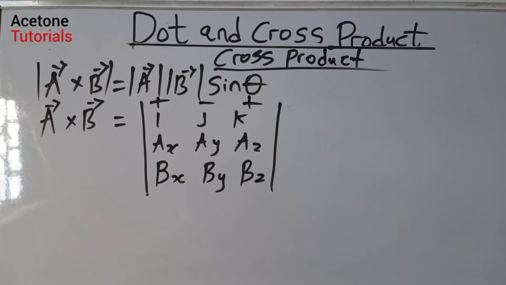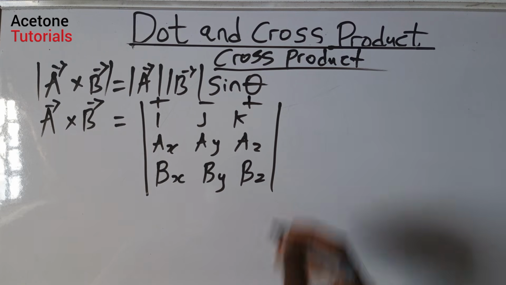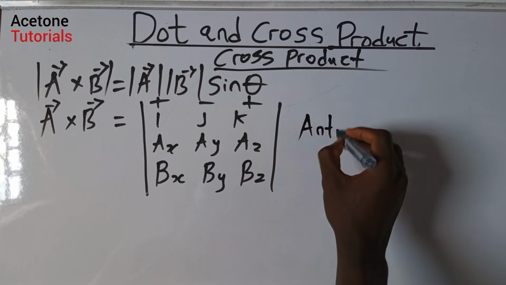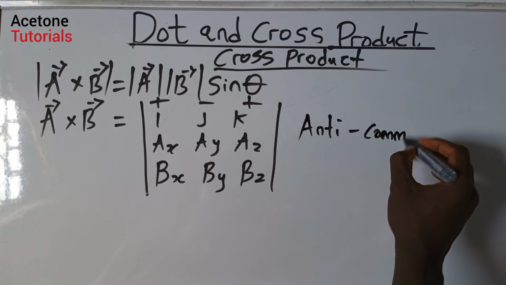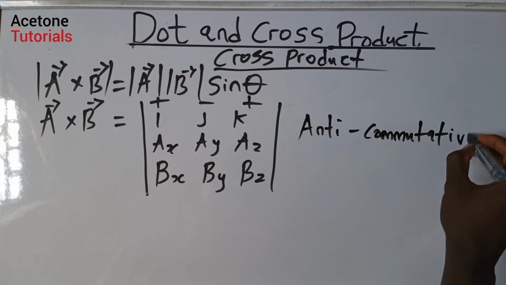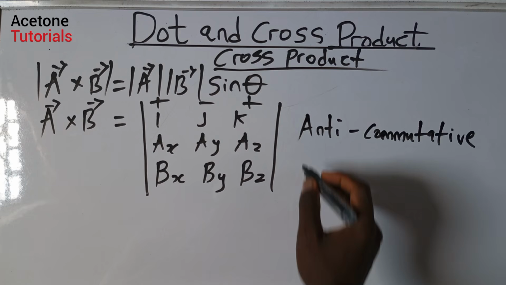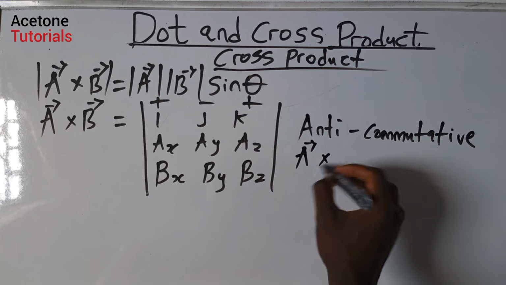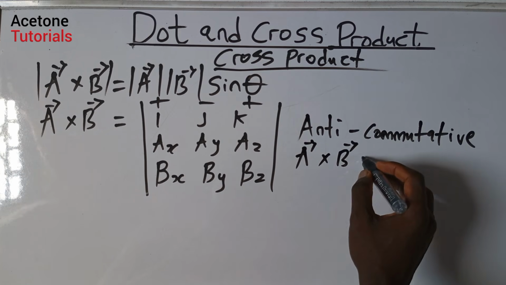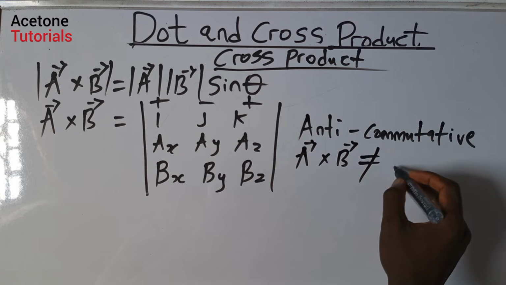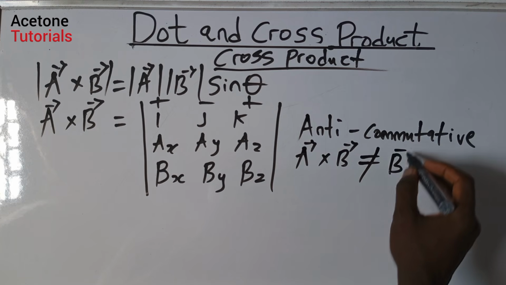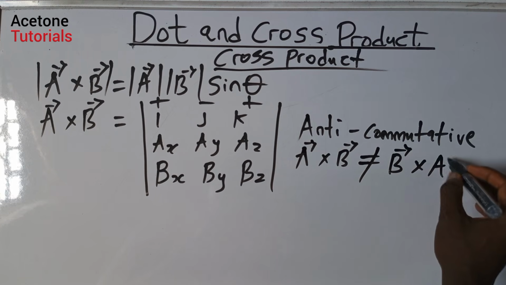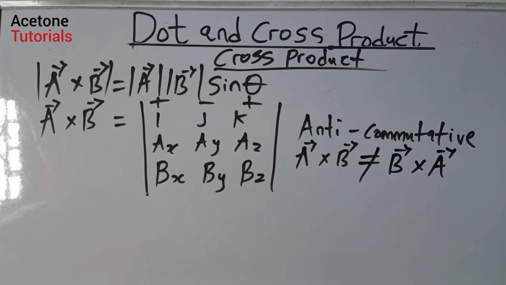Now, the cross product is not commutative. So we say it is anti-commutative. Meaning A cross B is not equal to B cross A. So unlike the dot product that is commutative, the cross product is not commutative.